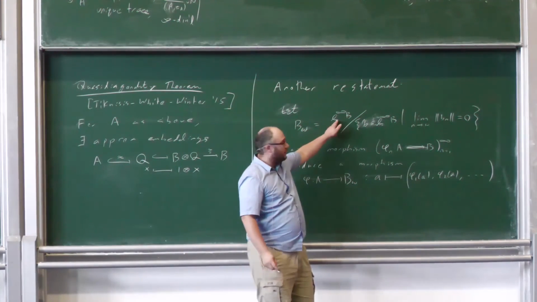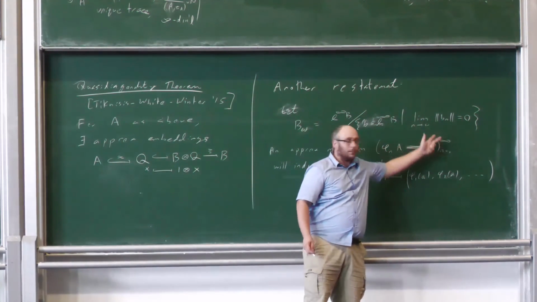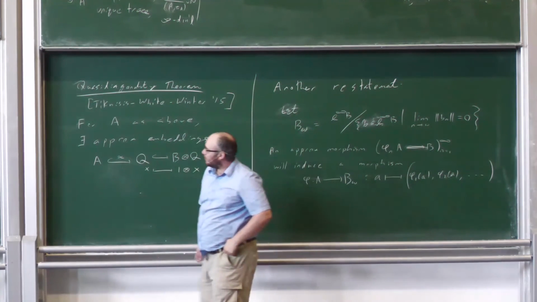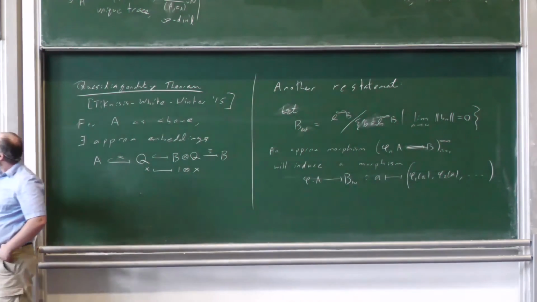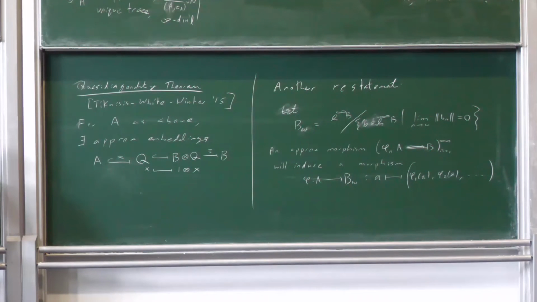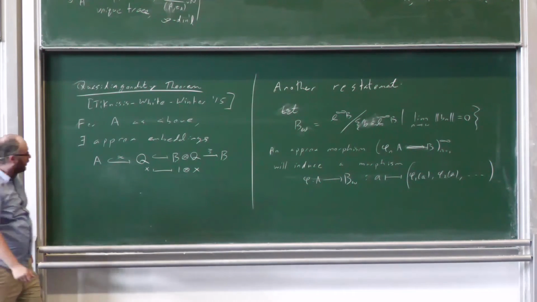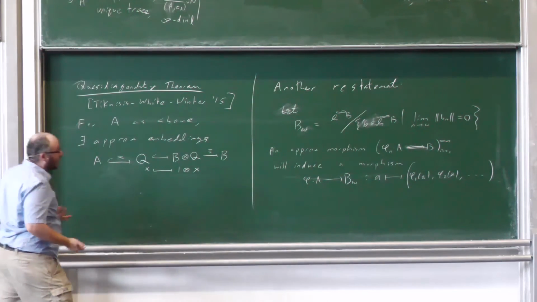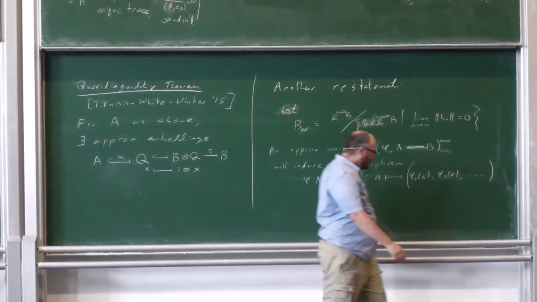So the norm of a sequence b in here is the limit of the norm of b_n. But the fact that the maps are multiplicative as n goes to infinity means that when you mod out by null sequences, they're actual homomorphisms. It'll go from approximately trace preserving to actually trace preserving.